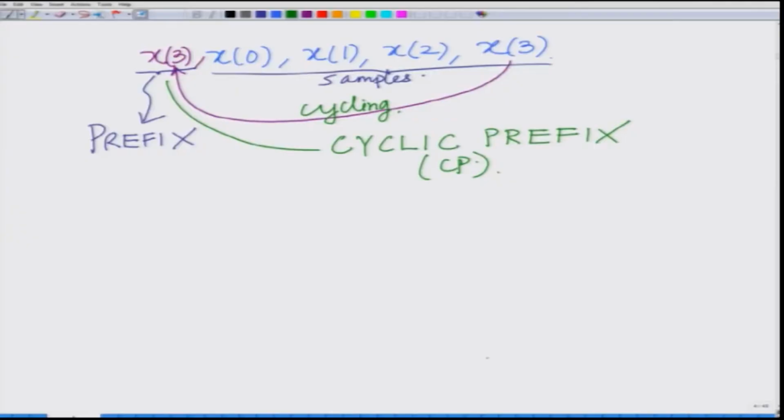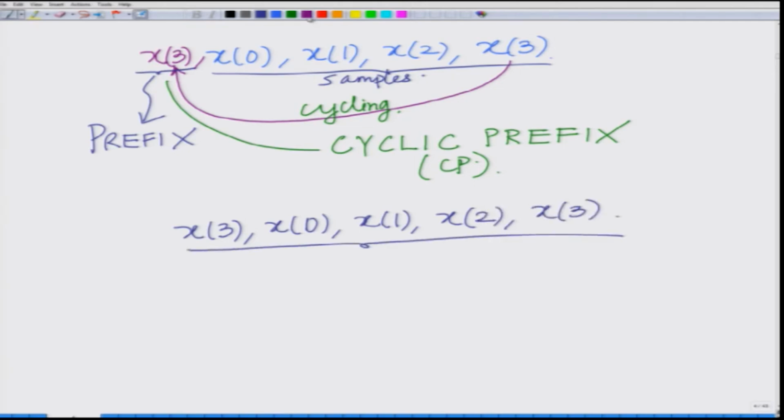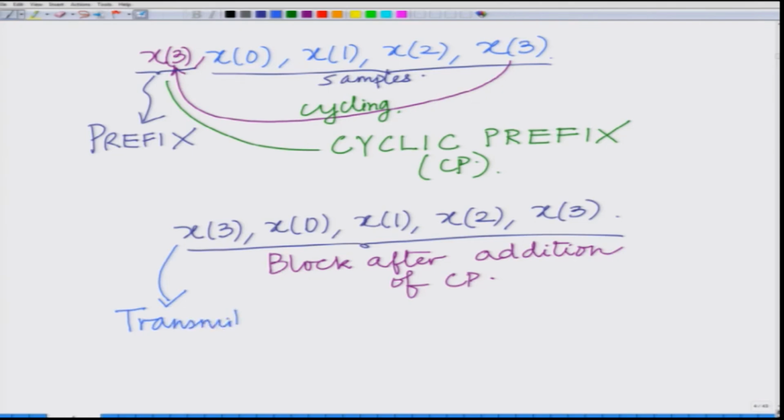So, now after addition of the cyclic prefix, we have the samples x0, x1, x2. So, this is your block after addition of the cyclic prefix, and this is then transmitted over the channel.